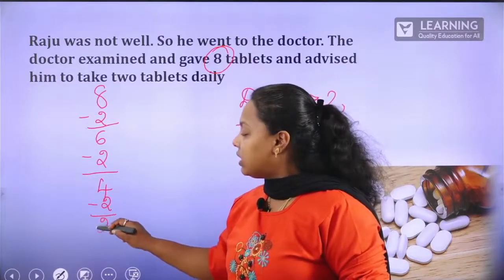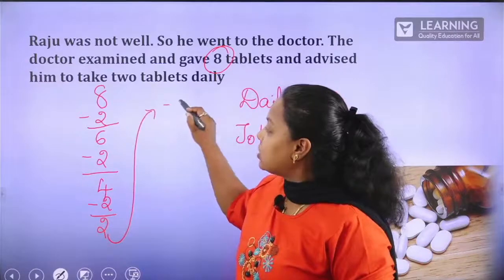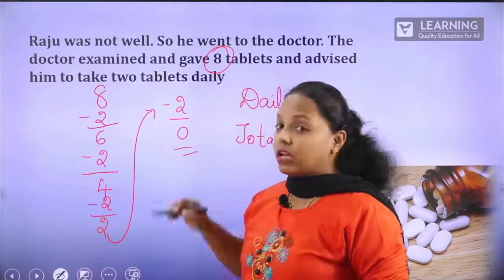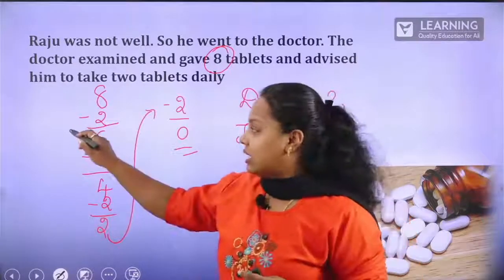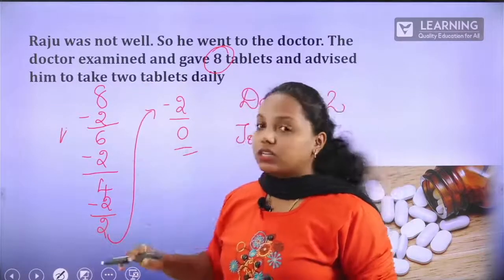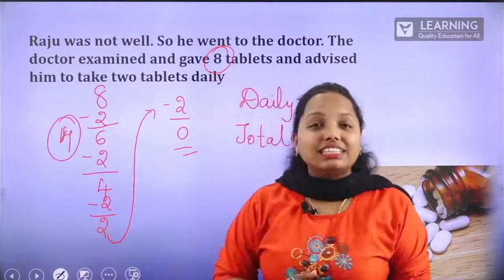What is the remaining? 2. Now the fourth day, again 2 tablets are subtracted. So 2 minus 2 gives me 0. For how many days has he taken the tablet? First day, second day, third day and fourth day. So in total he has taken the tablet for 4 days.